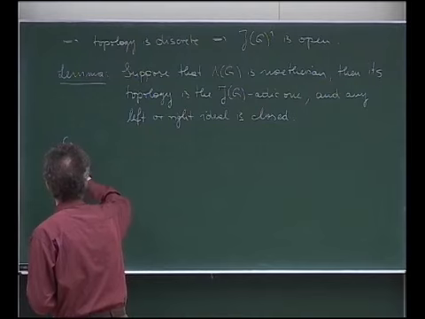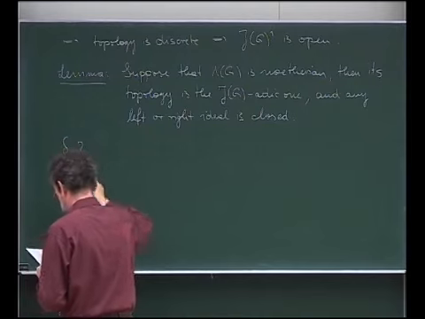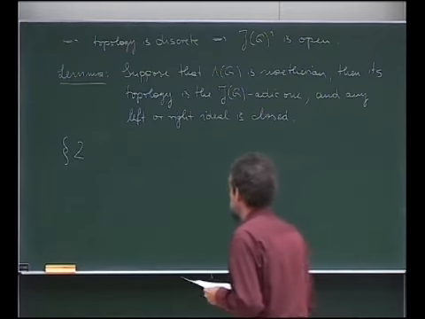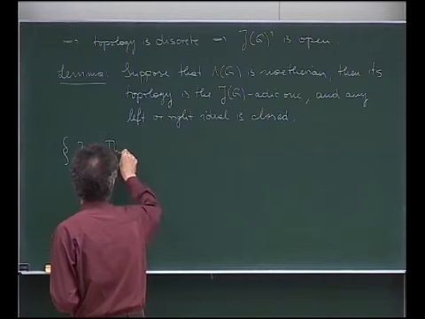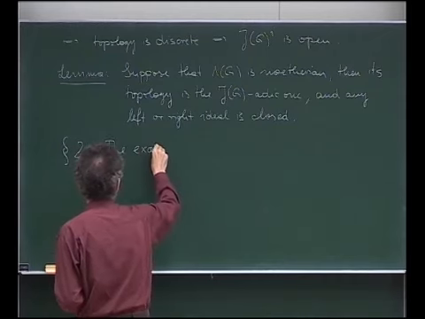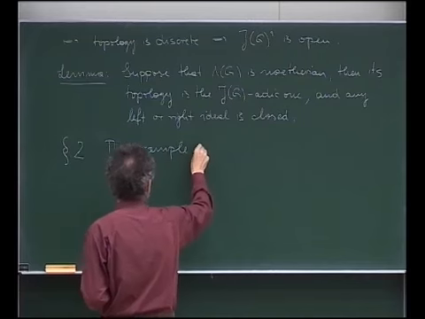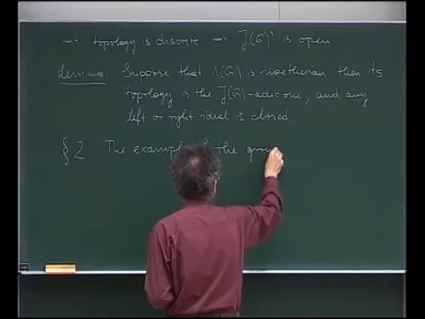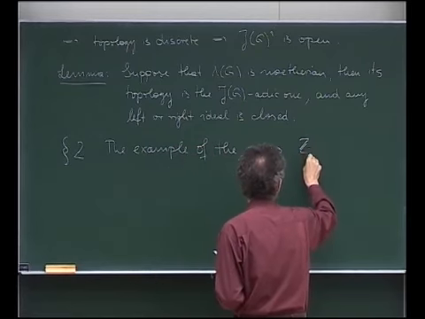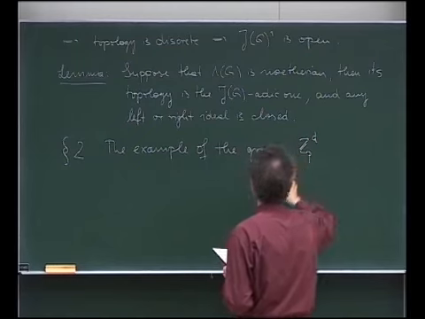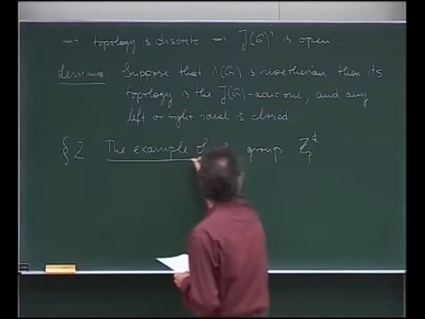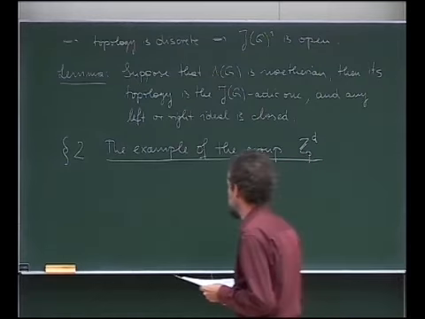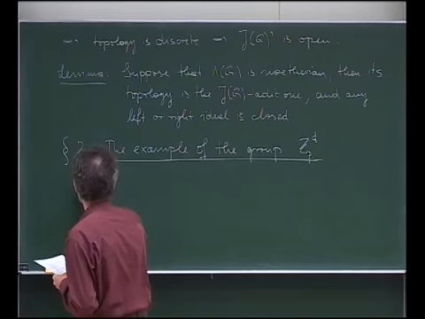Okay. So now I want to discuss, although for the number theorists among you this will be boring, but since later on, this is not only an example, I will make use of it in a crucial way, I want to discuss the commutative case, so the example of the group. So I take the additive group of p-adic integers to some power d.